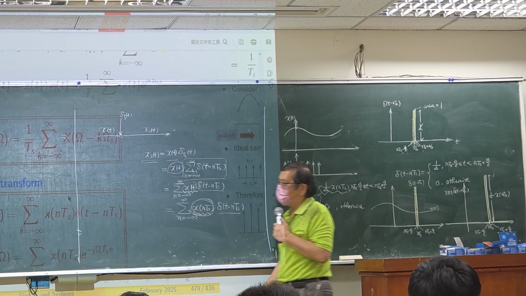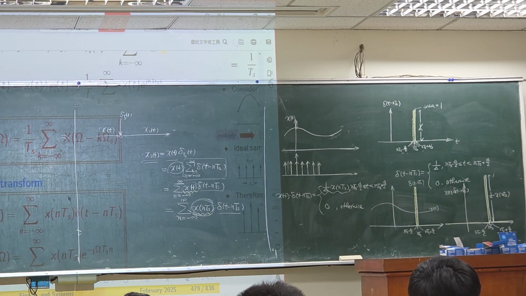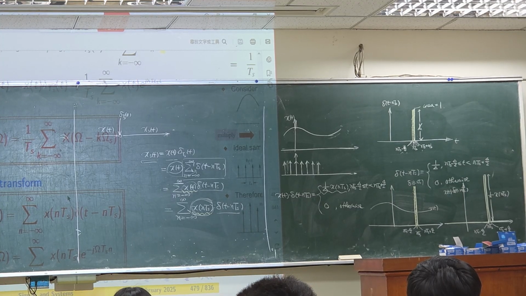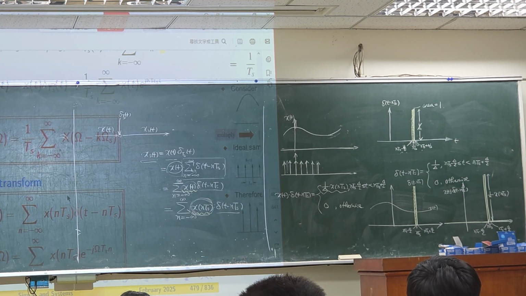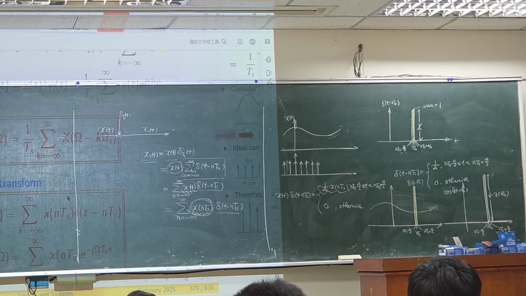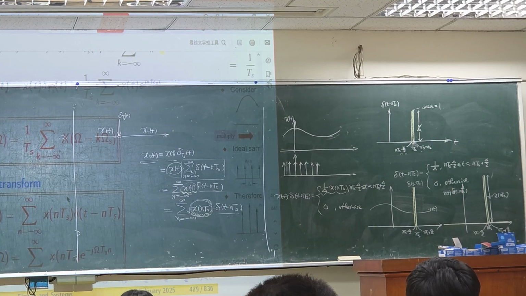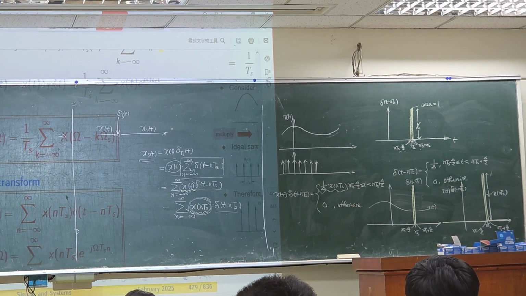Okay, anyway, the major issue we are concerned with is this sampling frequency. No matter how many theories you are going to learn or have learned in signal processing, this is the fundamental theory you have to remember. This is the bottom line of signal processing.